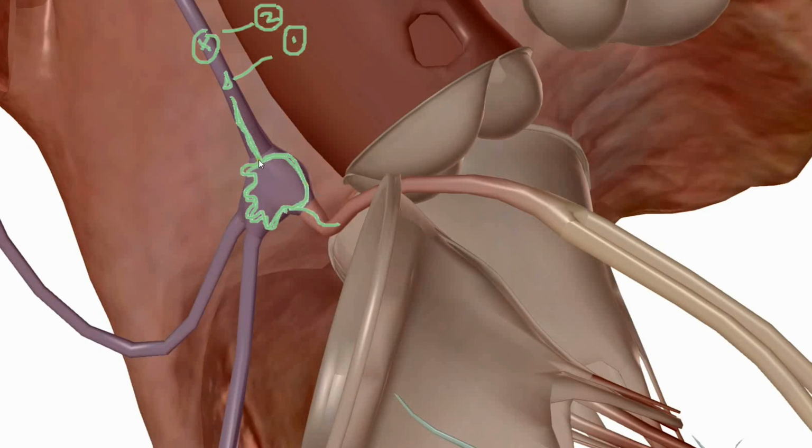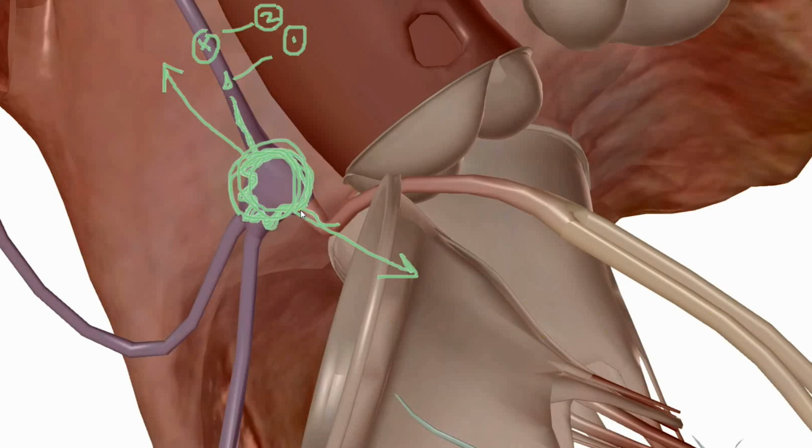So the second impulse is basically transmitted through the slow pathway. It goes through here and it goes back. So some of the impulses will be conducted backward and some of the impulses will be conducted forward. So the first impulse was transmitted normally, the second one is going into an abnormal loop.